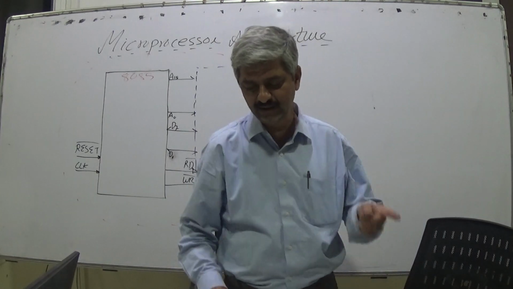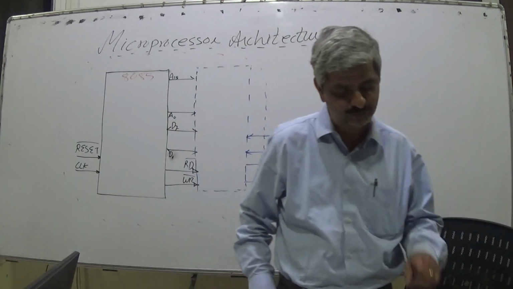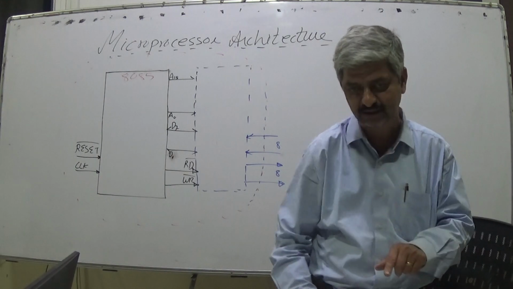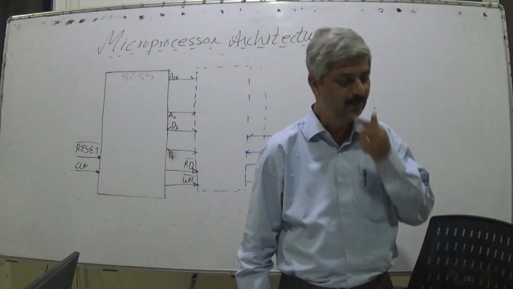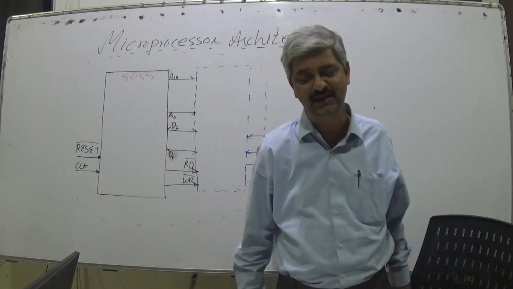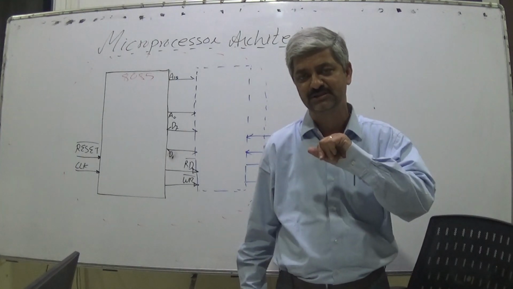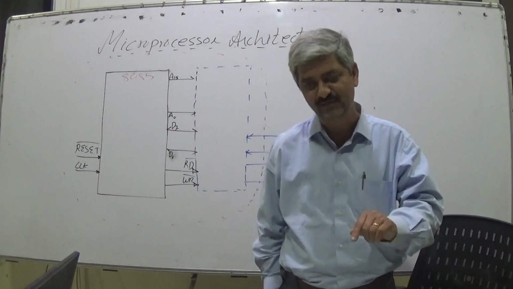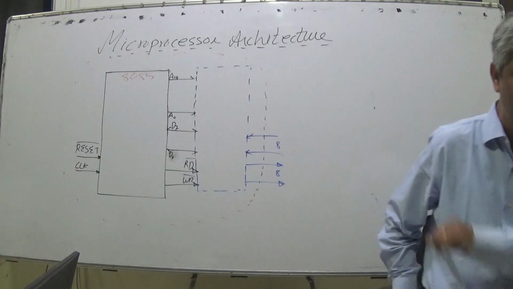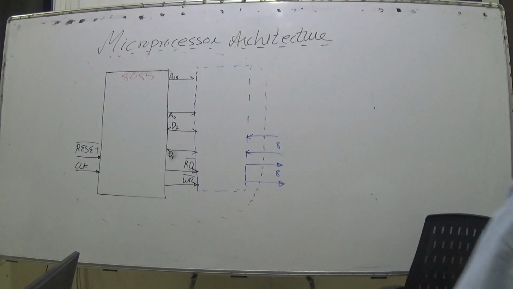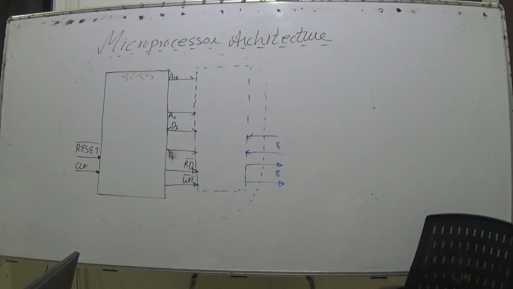Remember, the microprocessor is not an exclusive entity. It would be exclusive if something which can be done with a microprocessor could not be done without a microprocessor. But in that context, the microprocessor is not exclusive.